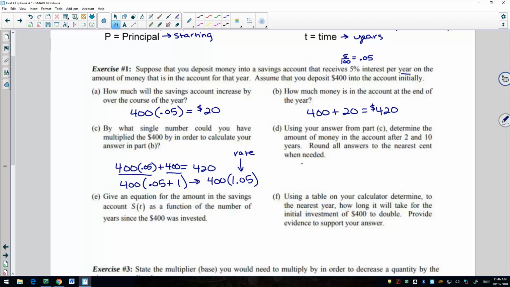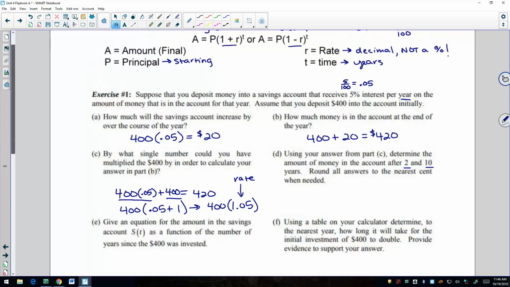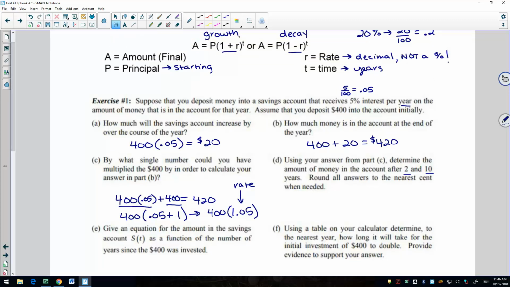Part D says, using your answer from Part C, determine the amount of money in the account after 2 and 10 years. So we're going to do 2 problems here. Round all answers to the nearest cent when needed. So if we use our formula, we are growing. We are gaining money.